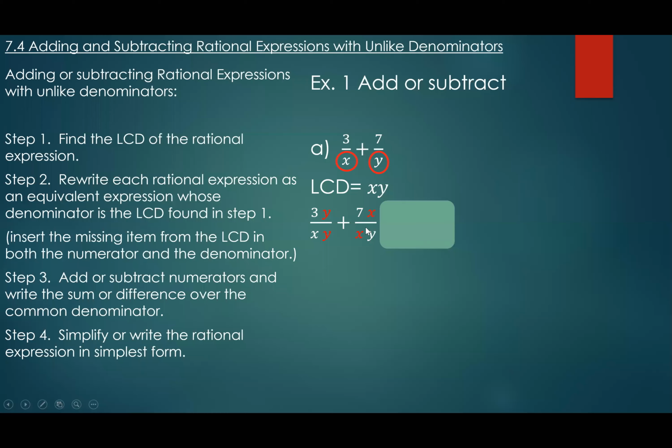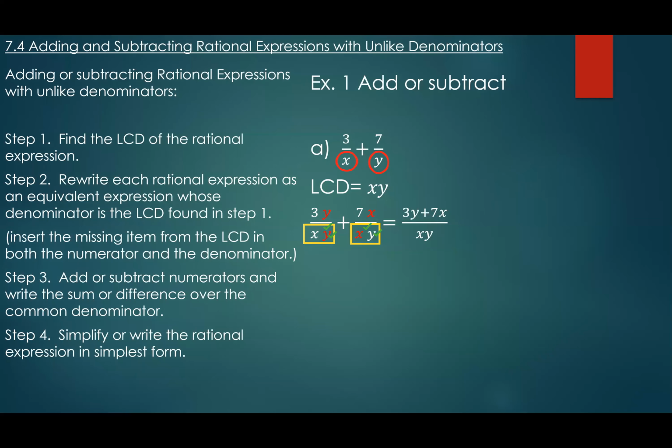Now, do you see that we have a common denominator, right? xy, that is my common denominator. And if that's the common denominator, what do we do? Well, life is good. All you need to do is combine the numerators and keep the denominator.